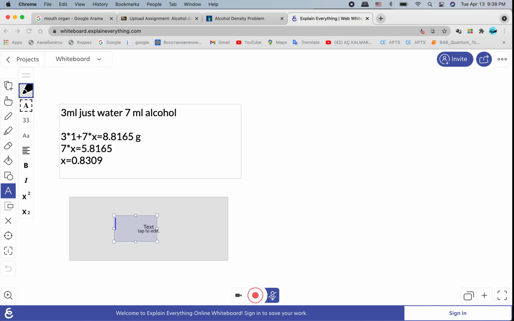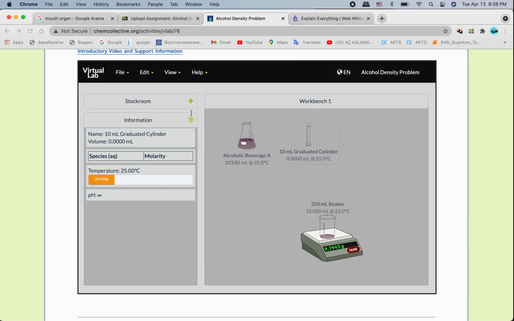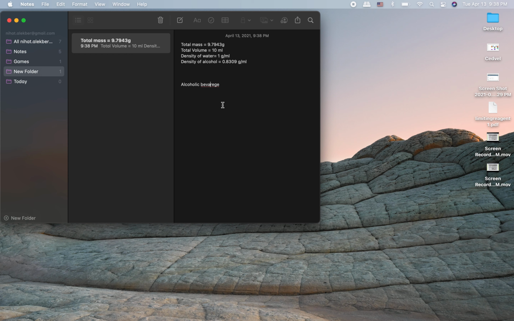So we have to find alcoholic beverage A: x multiplied by 0.8301 plus 10 minus x. I hope you figure out what x is. x is the volume of alcohol, and multiplied by 1, equals the total mass.